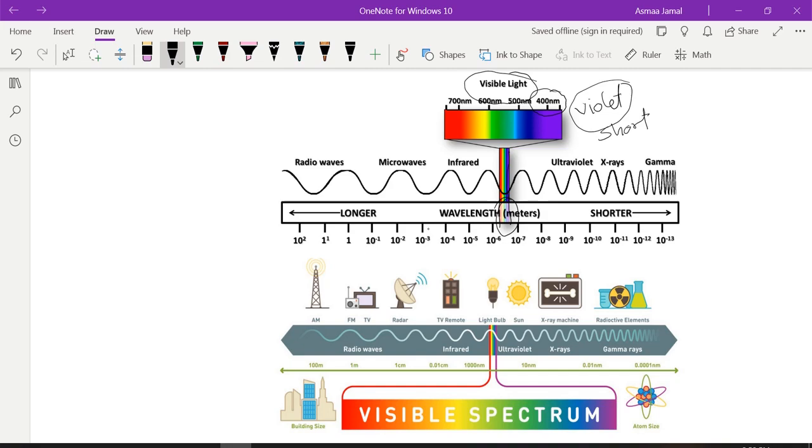Quite the opposite is the red color, which is the long part with wavelength about 700 nanometer.